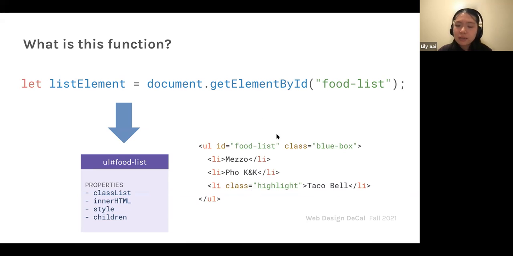It'll look through our entire document for the ID we passed in, food list, and see that it's a property of this unordered list, and then we would get this item. Within this unordered list object, we have different properties that we'll cover in a minute: things like class list, the inner HTML, style, and children. And there are many more.